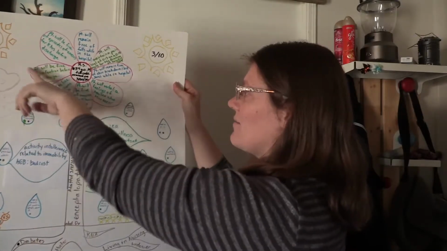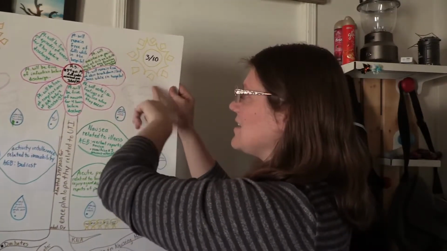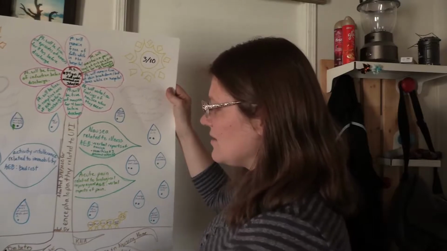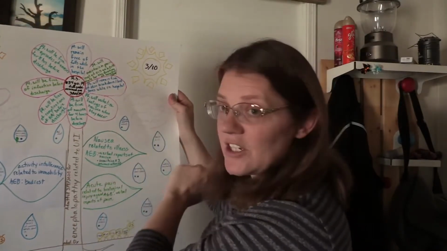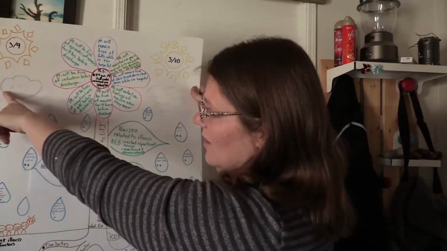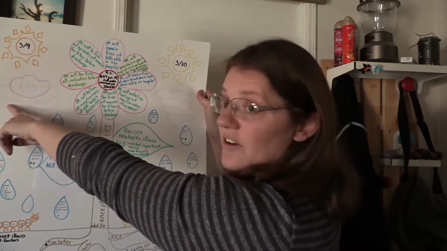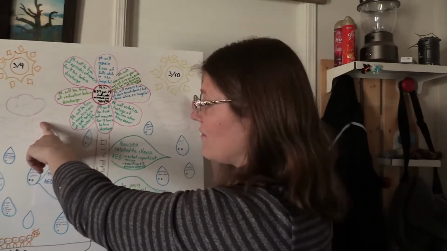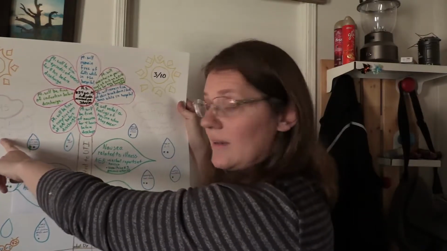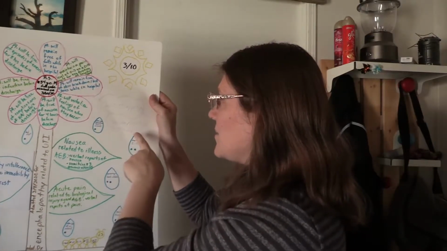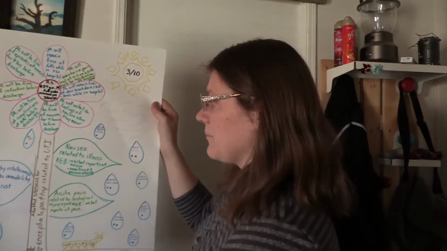And I've got the signs and symptoms of his encephalopathy related to UTI: altered mental status, dysuria, polyuria, temperature of 98.9, loss of appetite, and nausea and vomiting.